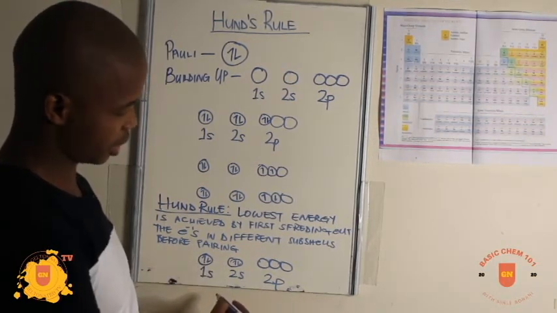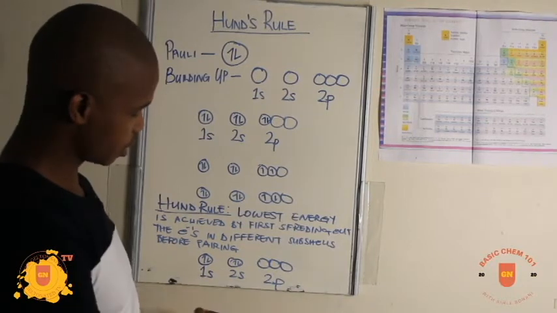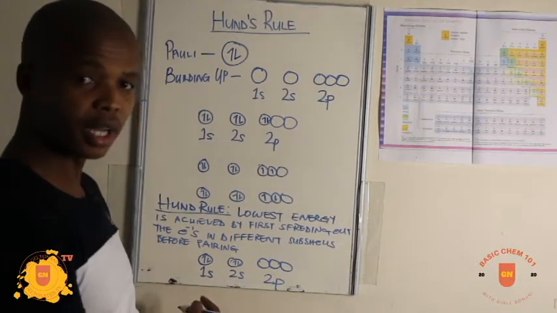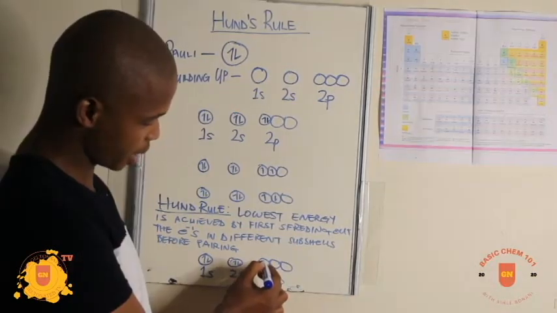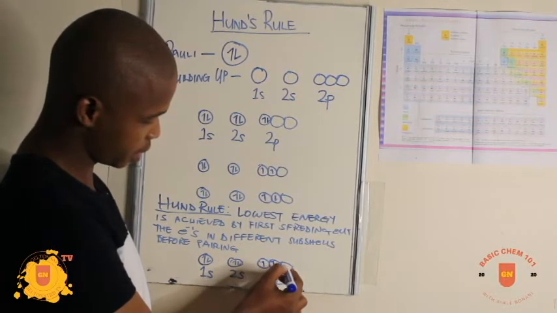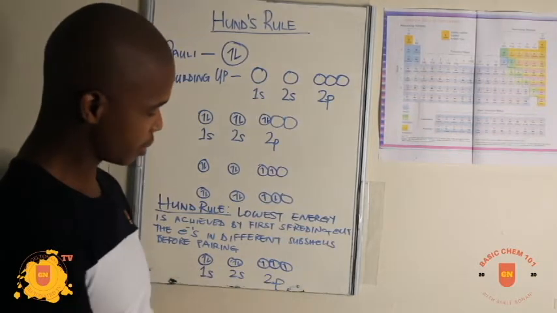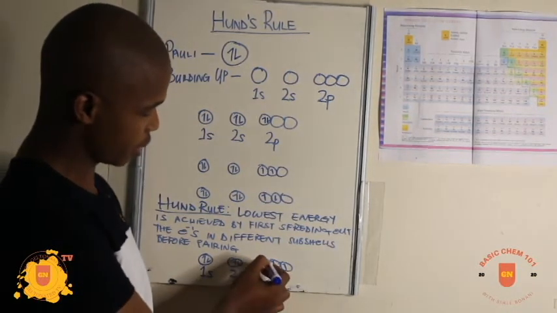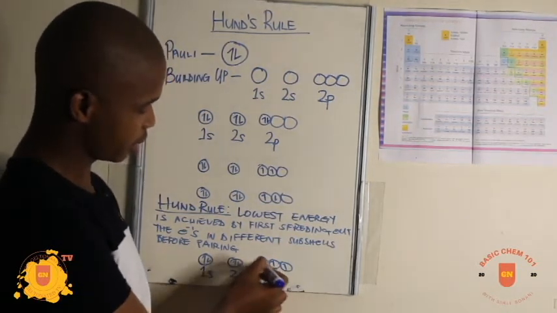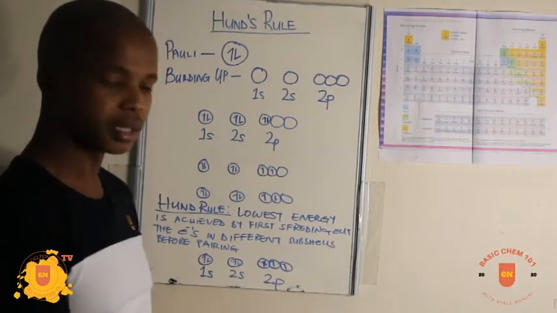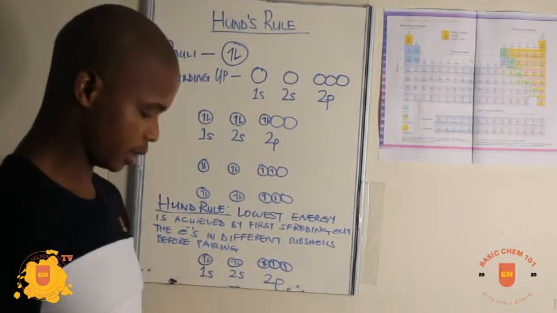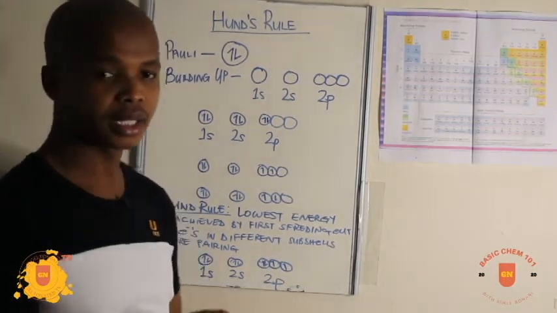Of course, Pauli's principle is obeyed. Now we get to the 2p, where we have 4 electrons. So you spread out the electrons in different orbitals, and once you are done, that is when you can actually pair them after that. So Hund's rule goes like that.